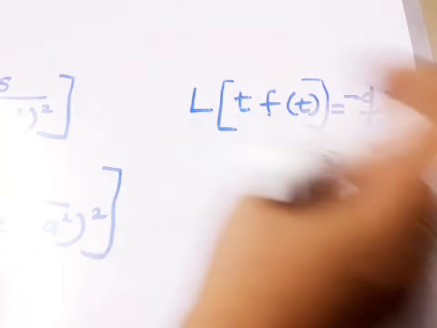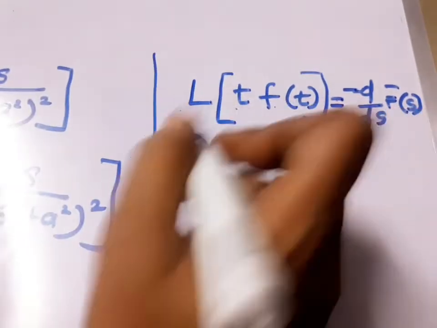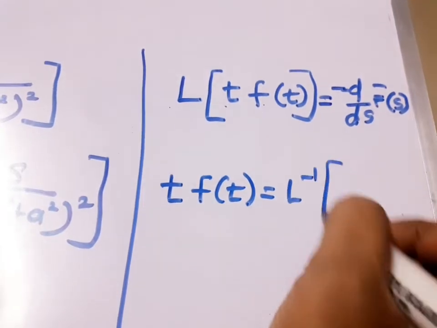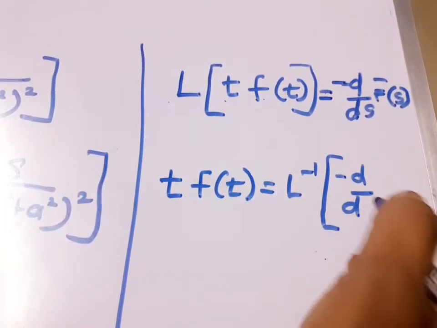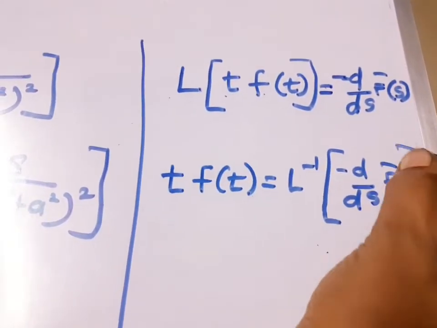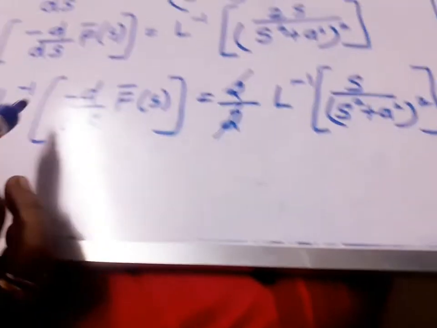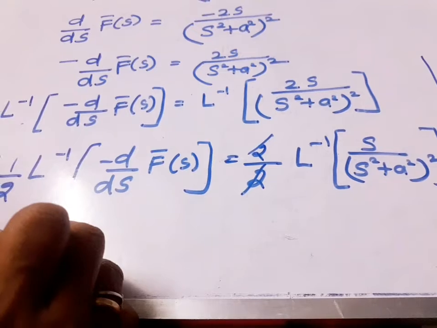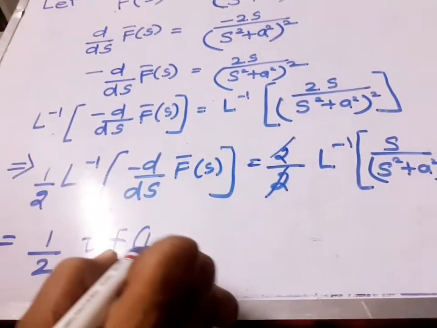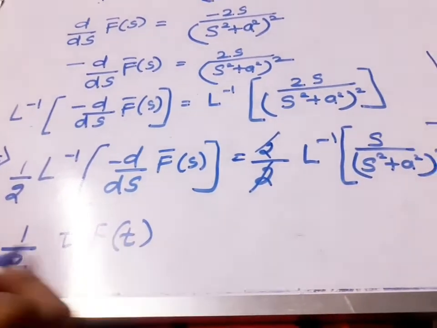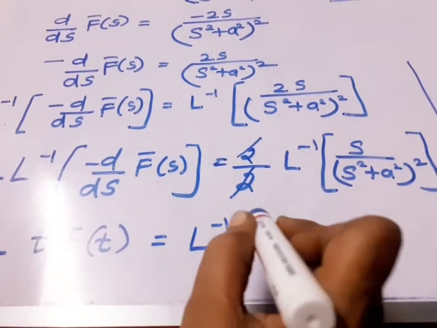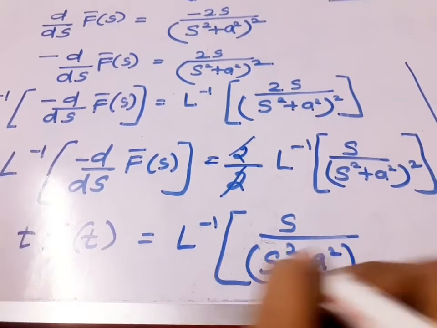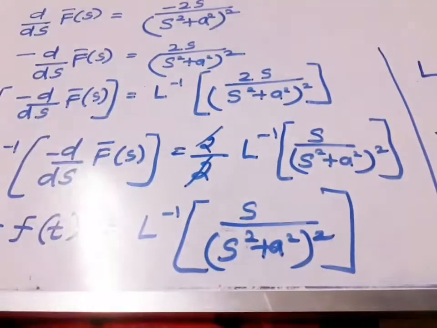When you consider its inverse, t f of t is going to be L inverse of minus d by ds of f bar of s. So I can replace L inverse of minus d by ds of f bar of s as t into f of t. T into f of t is L inverse of s by s square plus a square the whole square. This is what actually we need.